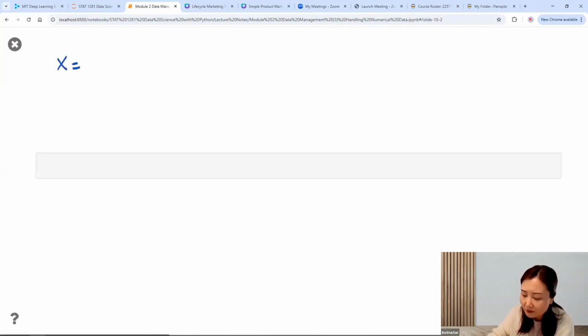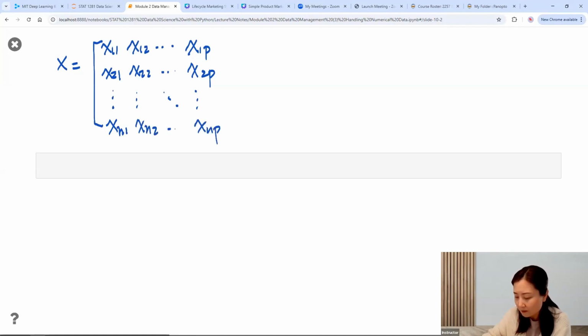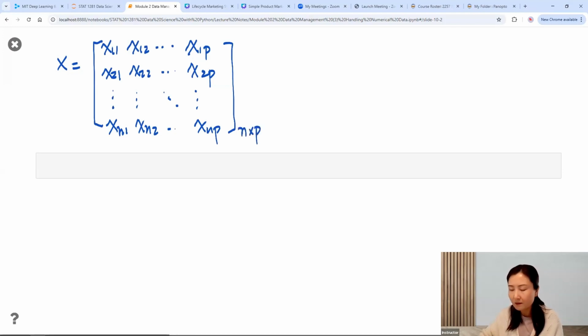X is the features matrix. Suppose there are p columns, and suppose we have n observations in our data set. So this is a regular feature matrix with n observations and p columns.